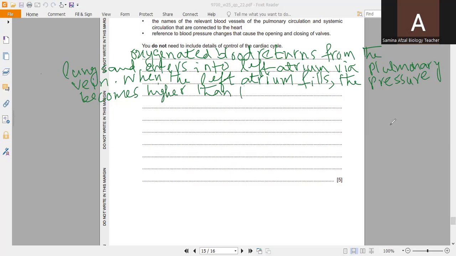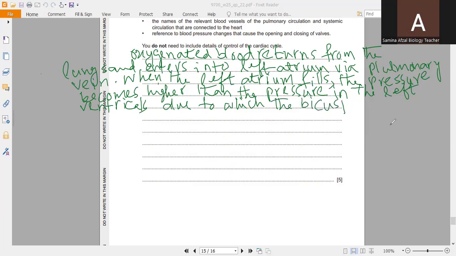Then the pressure in the left ventricle, due to which the bicuspid valve opens.